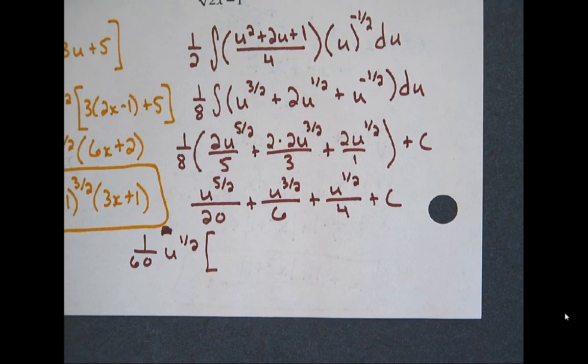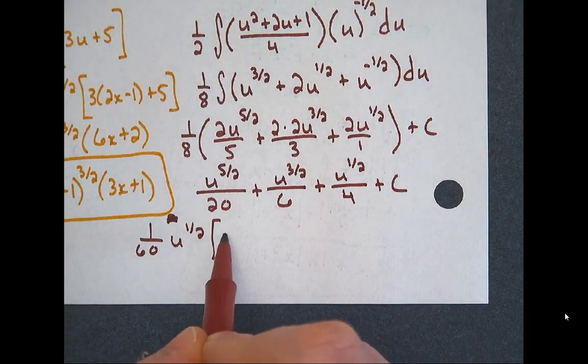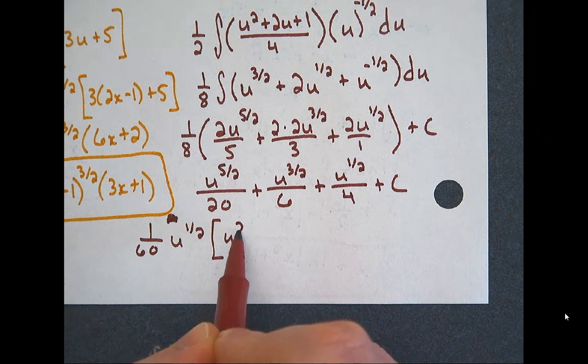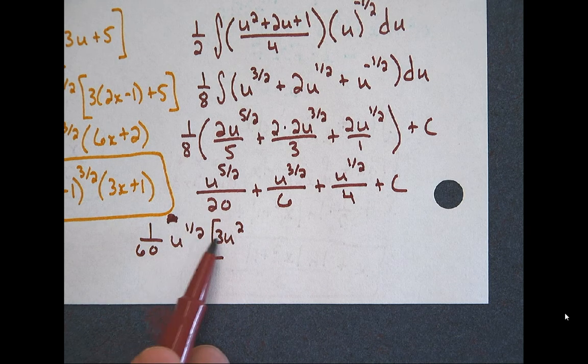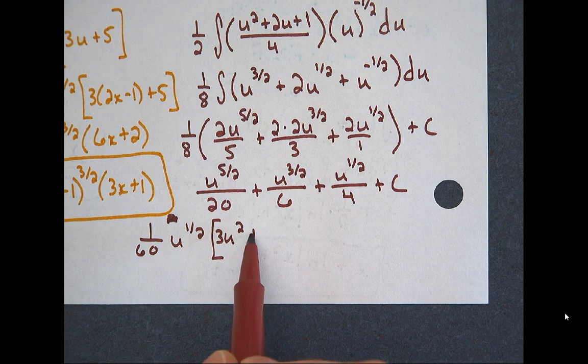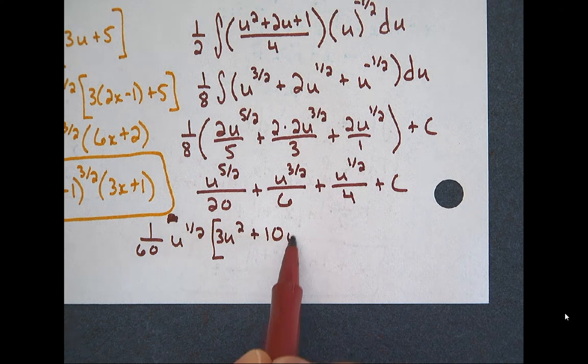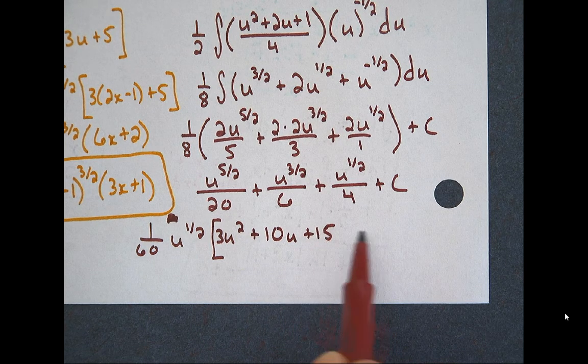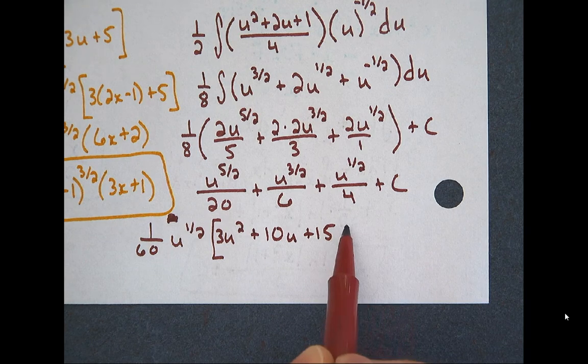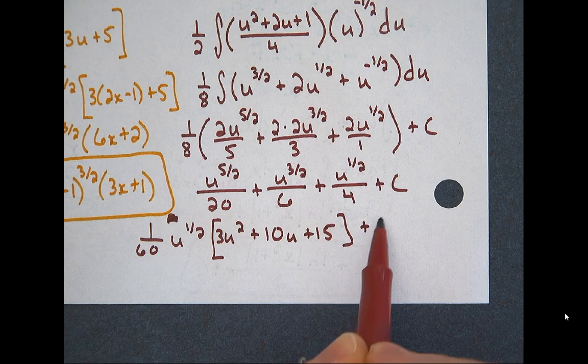Then that would leave me with u to the second. Because I divided out the 60, that's going to leave me with 3 still in there. Plus 10u plus 15 plus c.